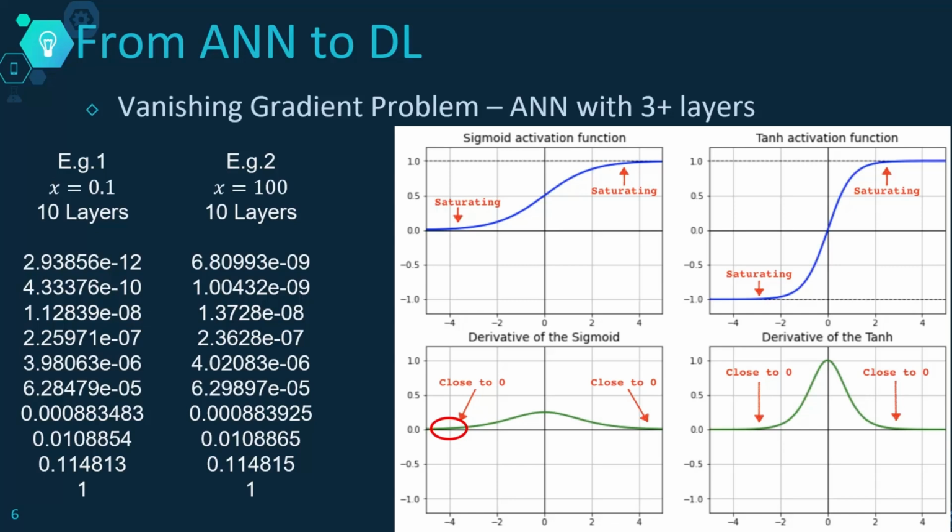First, we go forward, then we go backwards. And if we don't consider the weight, just consider what the gradient could be without any weight. Let's assume that the weight is 1. What's going to happen is that you can see that the bottom here, the 1. That means if we have a gradient of 1 in the last layer, if we go backward, the second last layer, that gradient will become about 0.115.